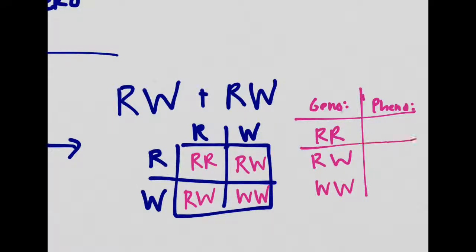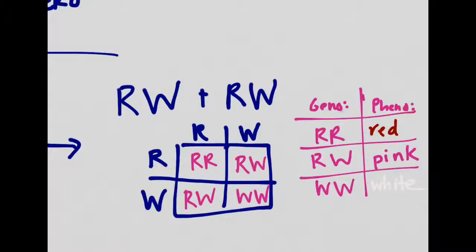And let's write out what phenotypes correspond to that. So big R, big R, that is going to give us red. R and W, that is going to give us pink because we have the mixing. And then, last but not least, we have WW, which will give us white.